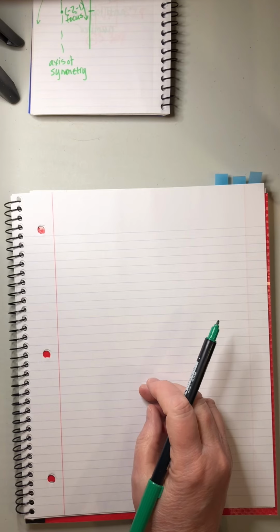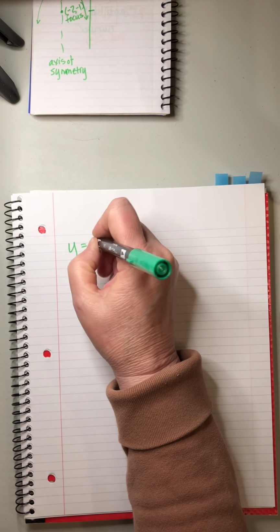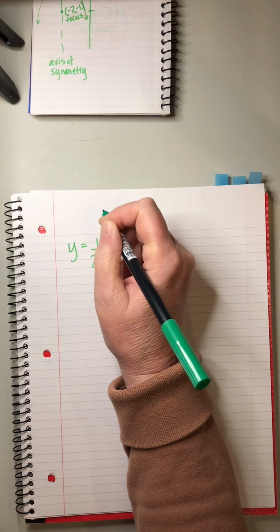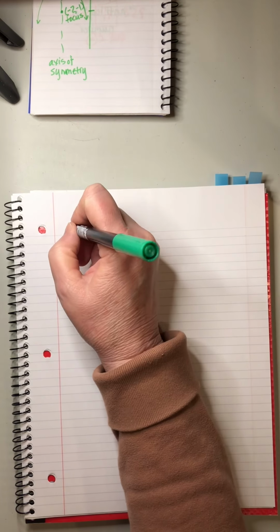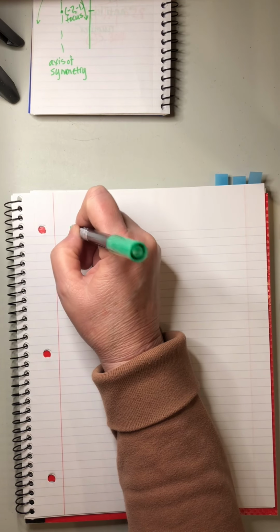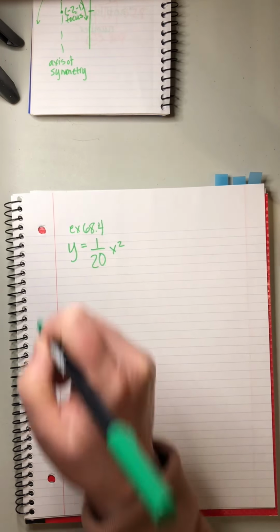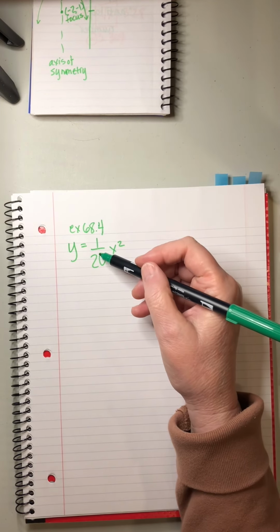They won't mind. Okay, so we've got a parabola whose equation is y equals 1 over 20 x squared. We can see, oh, this is example 68.4. Okay, we can see that it obviously is not translated.